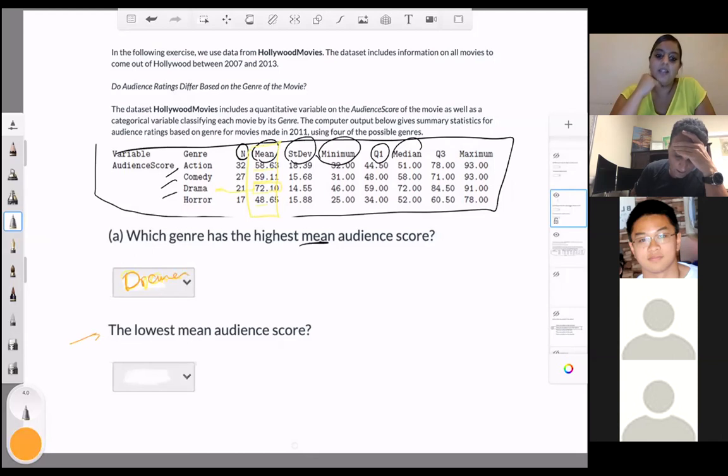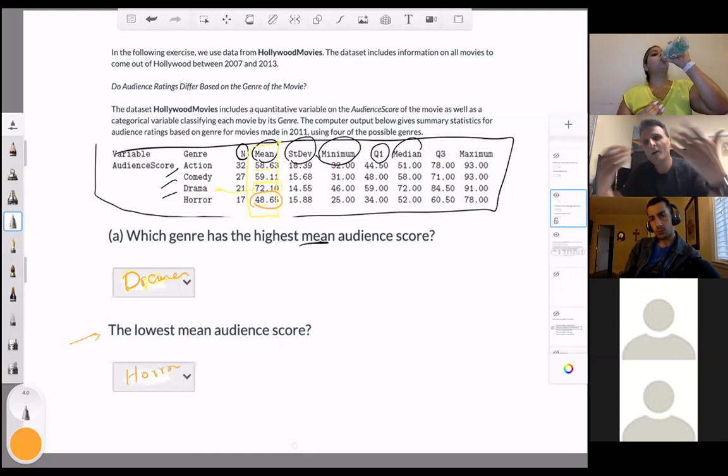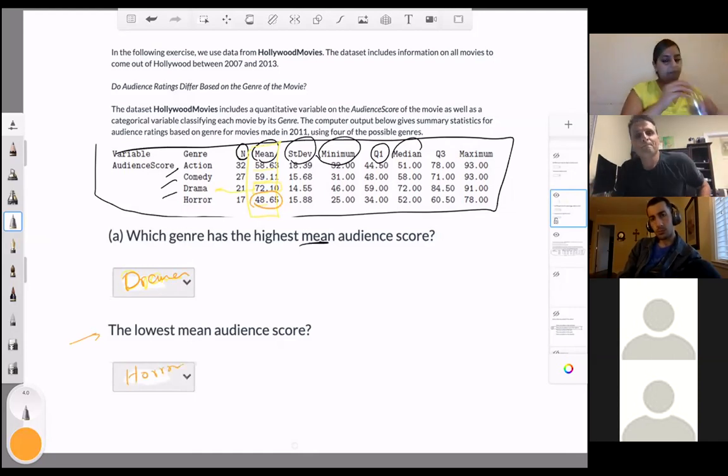What about this one? The lowest mean audience score. Horror. So you guys are data scientists. I mean, you guys are reading data, and that's great. So we don't even need to take an exam on Monday. That's 100 for everybody, yay.